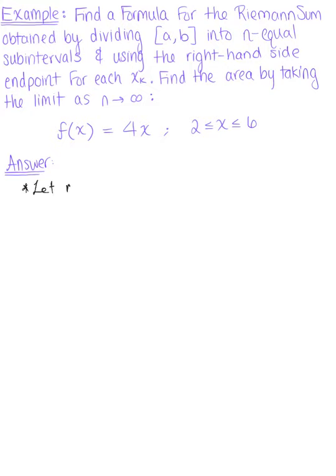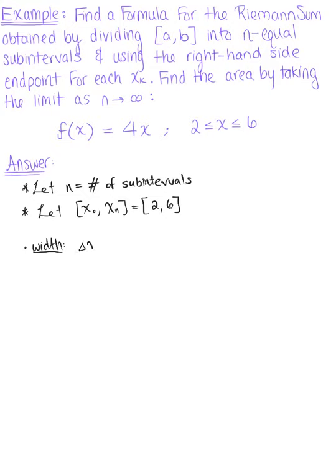So we are letting n be equal to the arbitrary number of subintervals. And we're going to go ahead and let our closed interval here, x naught to x sub n, be defined as what's given, 2 to 6. So we can calculate our width.